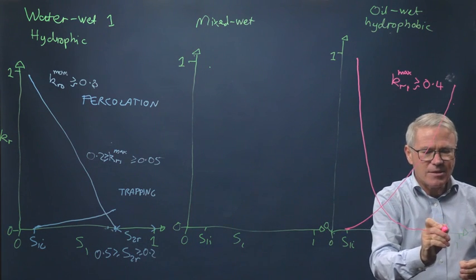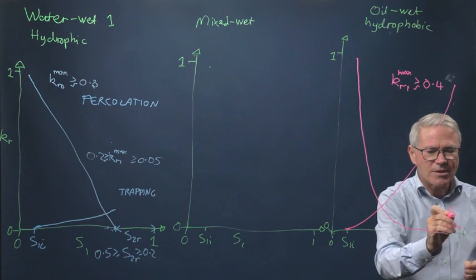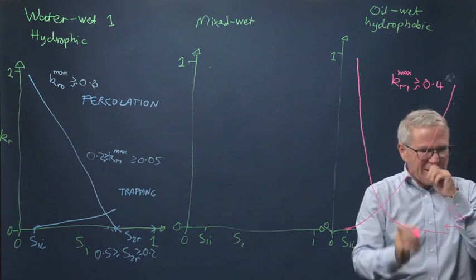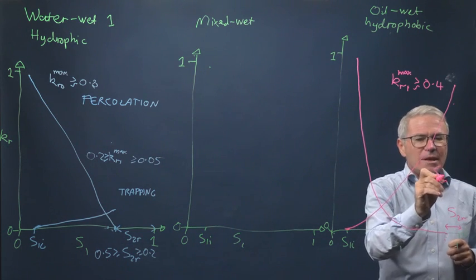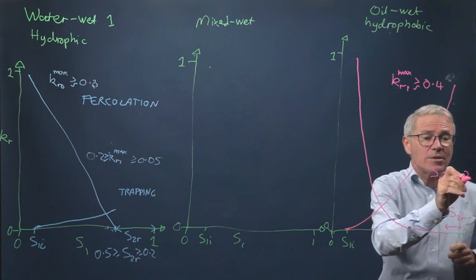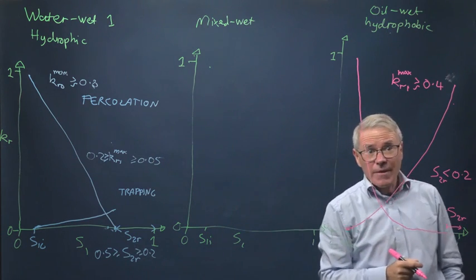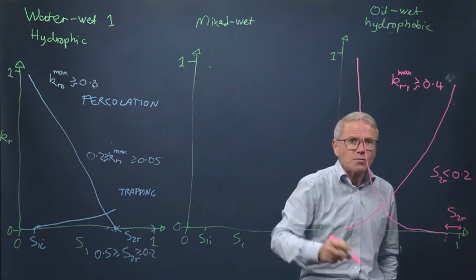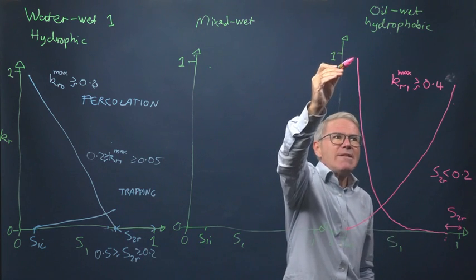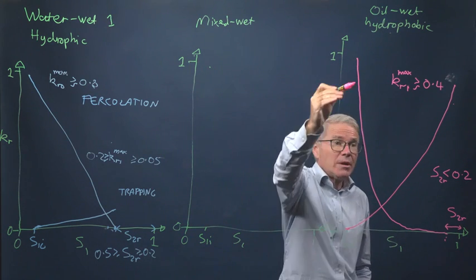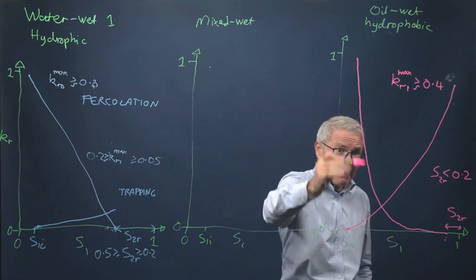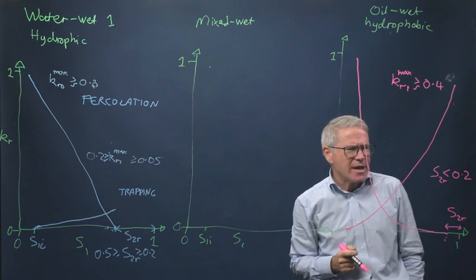So this is the residual saturation, S2R, and that's typically less than about 20%. Sometimes it can be 10% or even lower than that. Okay. And what you see here is a very rapid drop in the relative permeability. Okay. Now why is that?